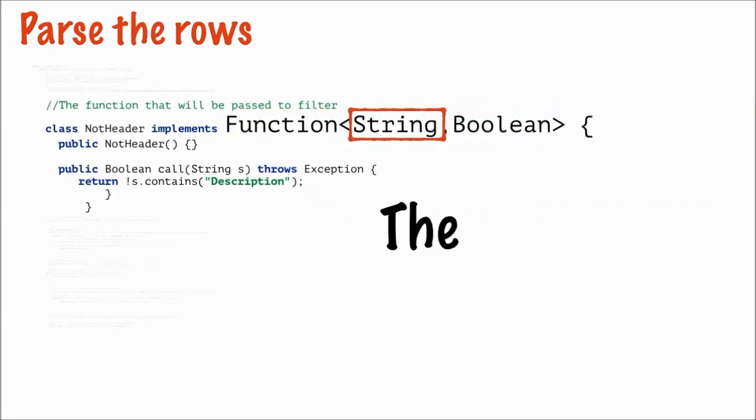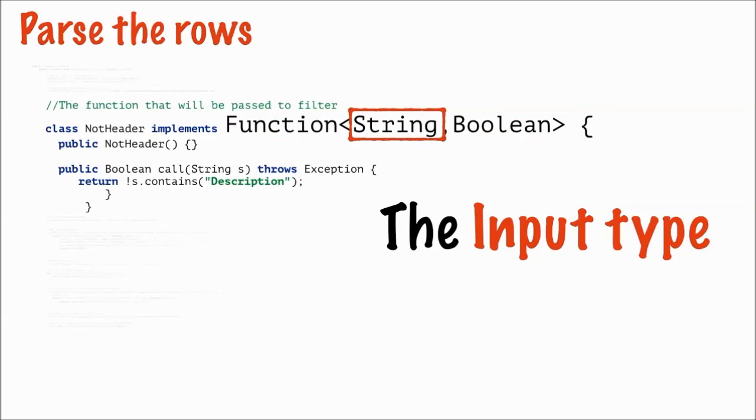So what do these map to? The string type parameter, the first type parameter, is the input to the function within this interface. Remember, this interface just has one function. These are called function objects in Java. An interface with one function is a function object, and this first parameter specified is the type of the input to this function.